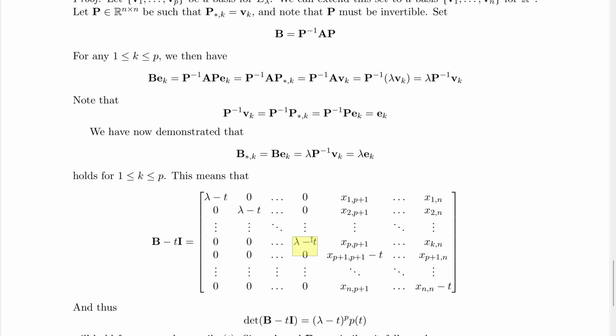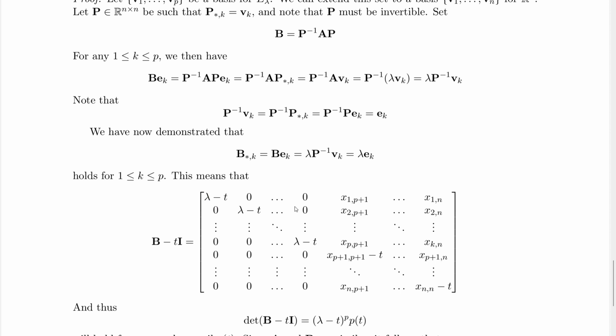In other words, the characteristic polynomial is lambda minus T to the Pth power multiplying some other polynomial P of T. So when you compute the determinant of this and do your cofactor expansion, the placement of all of those zeros is going to ensure that a bunch of things knock out, and you'll just isolate each one of these.